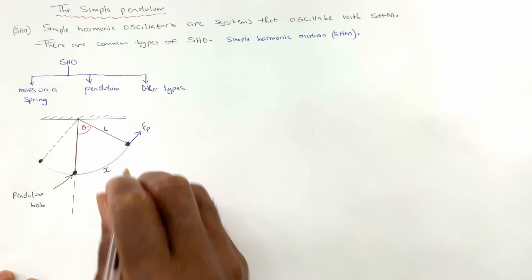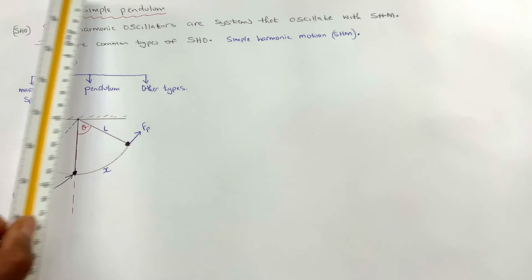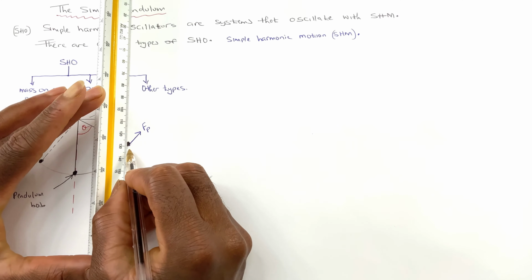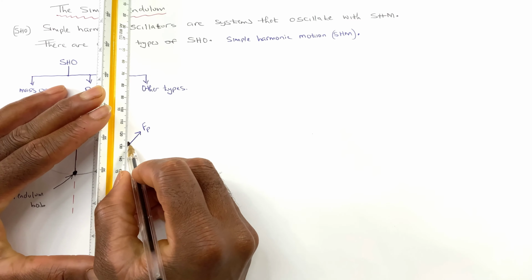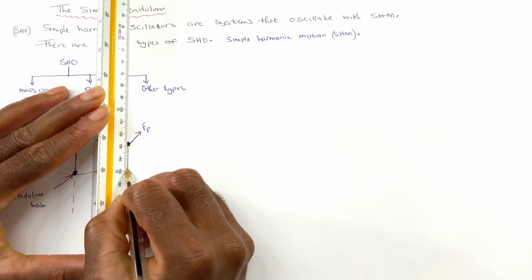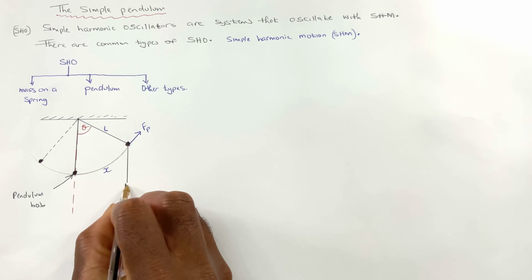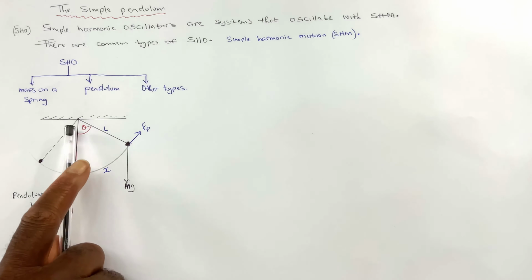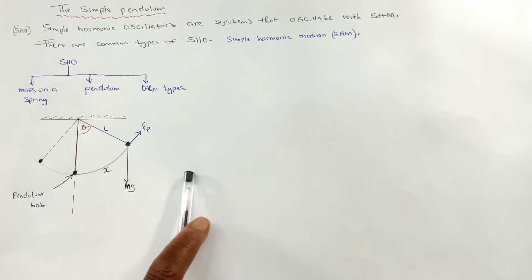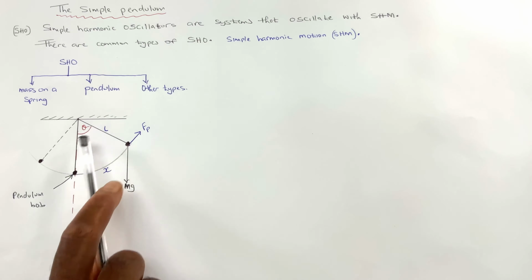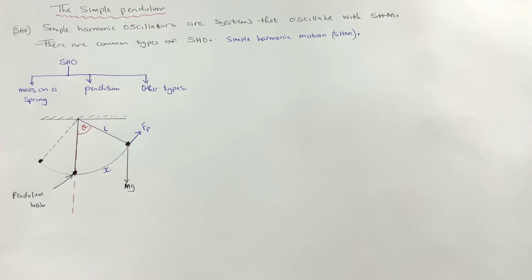Now the weight is acting downward, and that's mg. And that weight is acting parallel to the line of equilibrium. Now we can extend that line so that we can create an angle theta subtended by the arc length x.